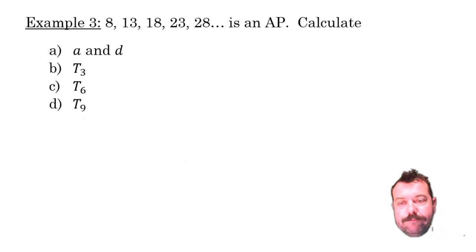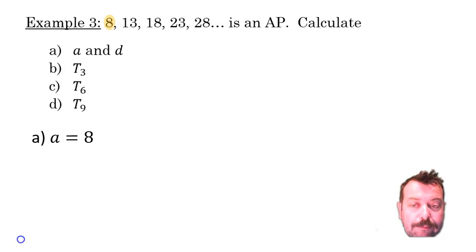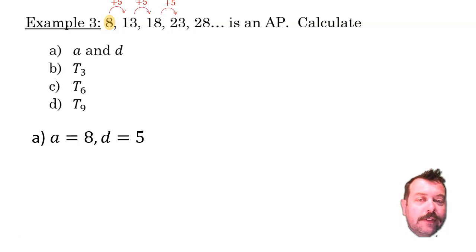So here's another example. 8, 13, 18, 23, 28 is an AP. We're told that that is the case, so we don't have to prove it, but we want to calculate these things. First of all, A is the first term, so it's 8, and D is the common difference. We can see that each of those terms is increasing by 5, so it has a common difference of 5. Part A done.